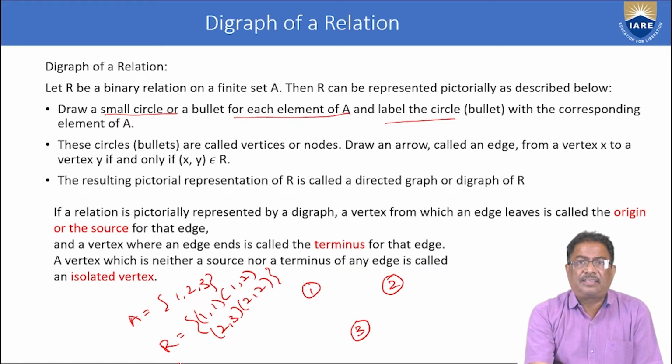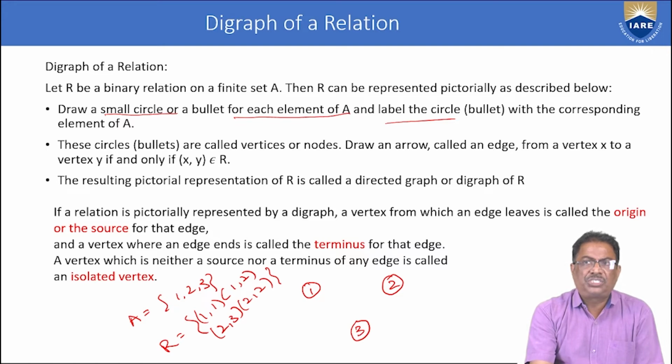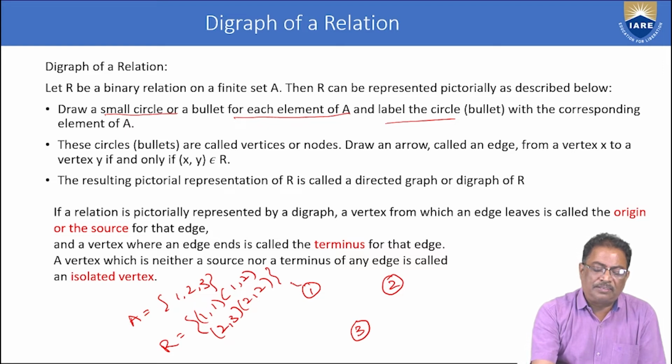R is a relation, so we draw an arrow, called an edge, from a vertex x to a vertex y if (x,y) belongs to R. If (x,y) belongs to R, then we draw a directed edge from x to y. Here, 1 to 1 is there, so I represent it like this.